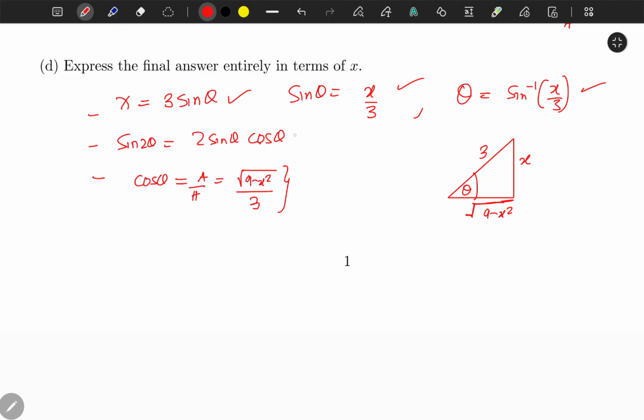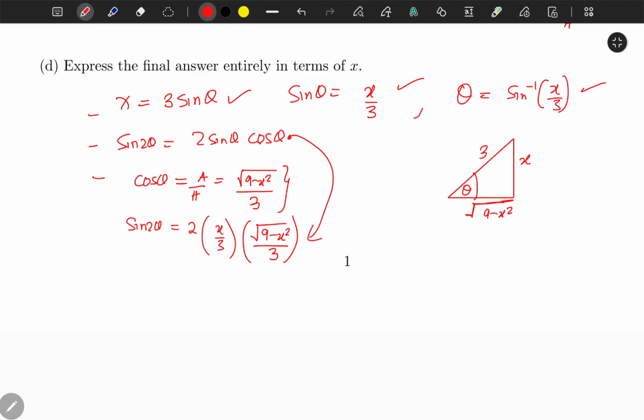Sine 2 theta will be 2 sine theta cos theta. Sine theta is x over 3, and cos theta is root of 9 minus x squared over 3.